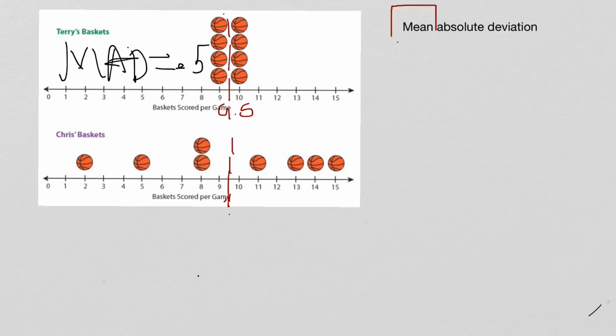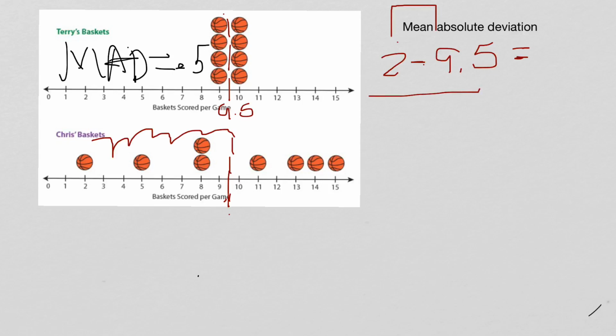We want to know how many spaces away this ball is from the mean. We're going to count all the way over. Or we can take 2 and subtract 9.5. Now if we type that in the calculator, it's going to give you a negative.